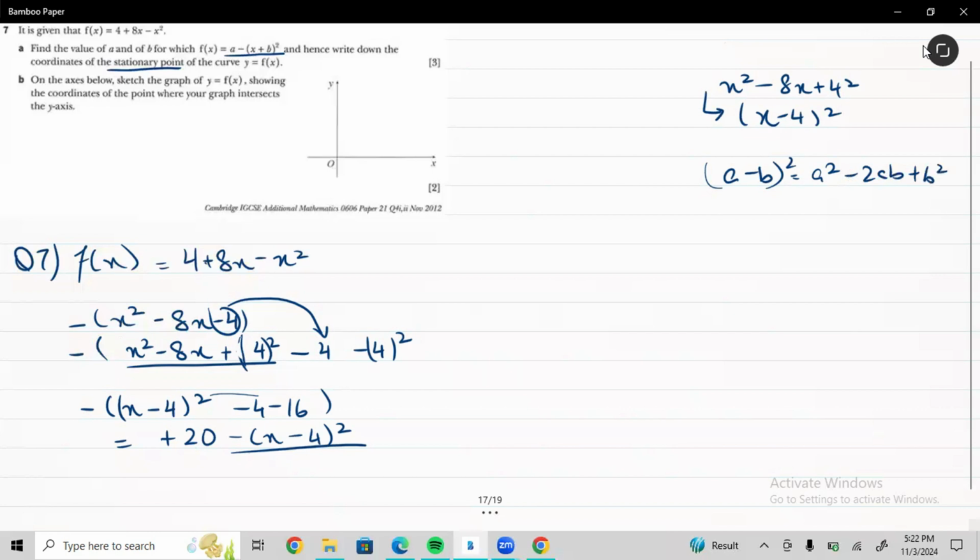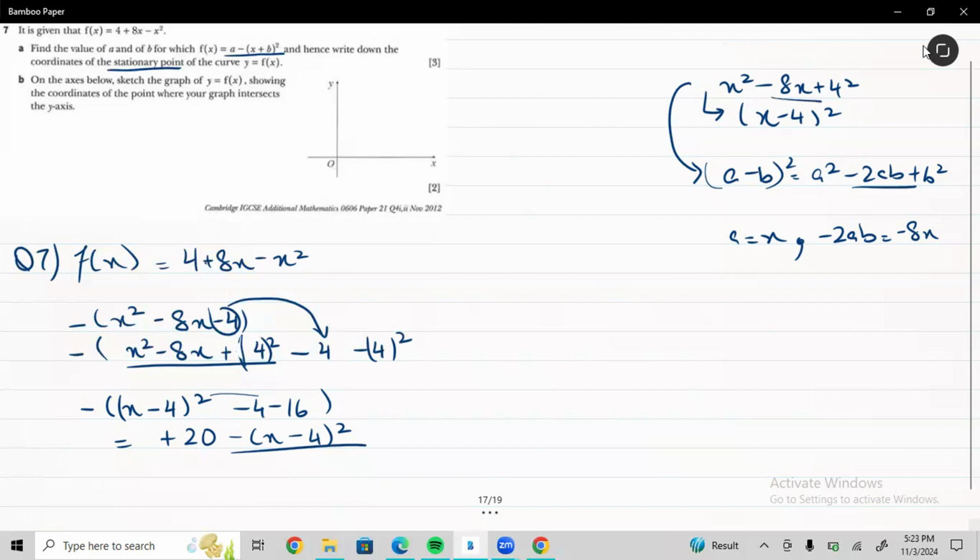If we compare this with the first equation, we know for a fact that x squared is equal to a squared, so a is equal to x. Simple. Now, we also know that minus 2ab would be equal to negative 8x, because that's what we can see by the comparison. So negative 8x is equal to minus 2ab.